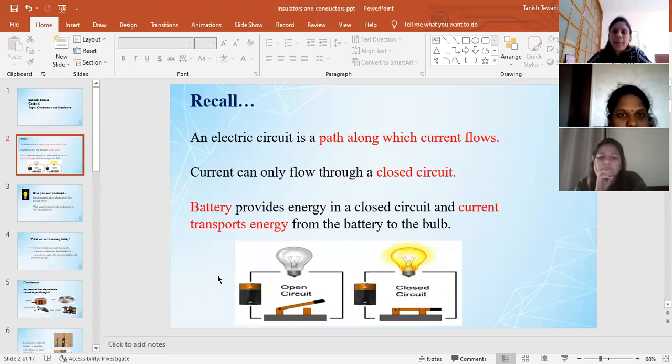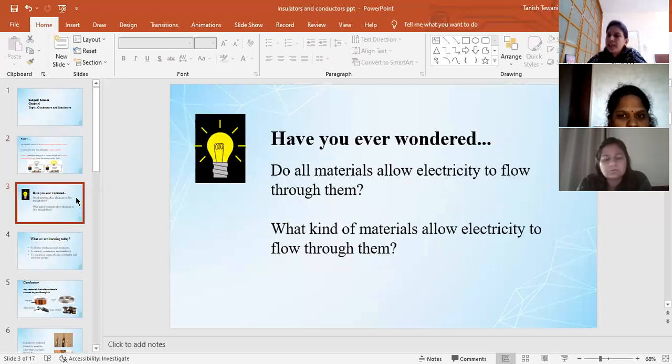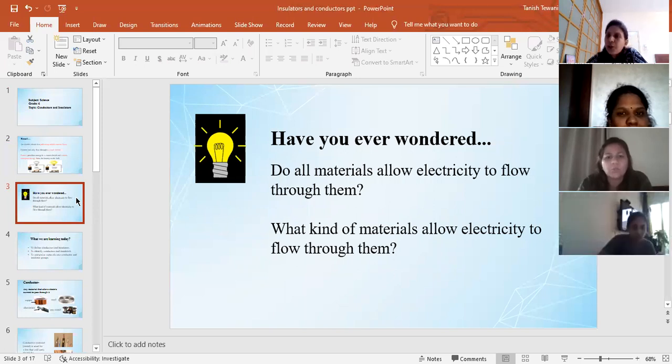But children, do all materials allow electricity to flow through them? No, ma'am. Good, Savita. All materials do not allow electricity to flow through them, right? So what kind of materials allow electricity and what kind do not?